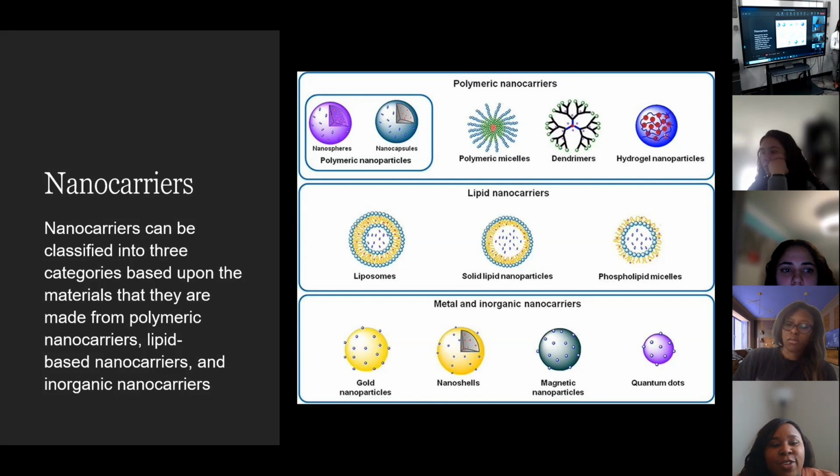The advantages of these polymer nanomaterials compared to other nanocarriers include stability in various microenvironments, slow release of drugs due to polymer degradation, and their diversity in the types of polymers and types of drugs that they can be encapsulated with.